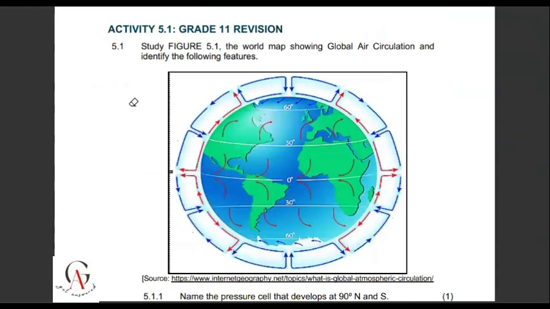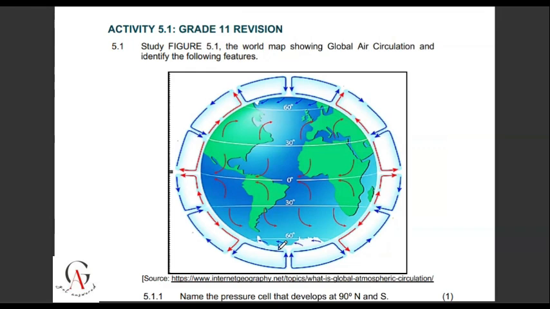Because we said deflection is to the left in the southern hemisphere and to the right in the northern hemisphere, I will use this illustration here to indicate the deflective direction and also the nature of the planetary winds that happen in a particular geographical region. Right. We do have this belt.